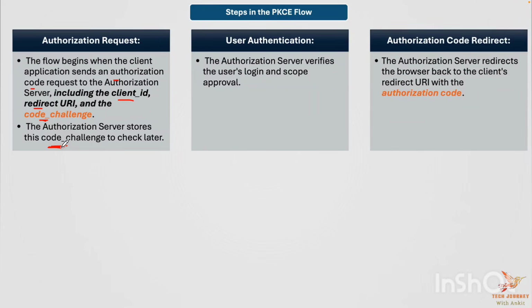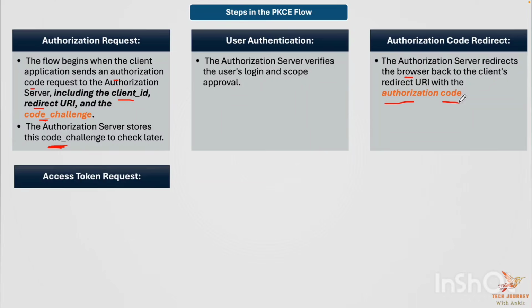Once the user has provided the consent, the authorization server redirects the browser back to the client redirect URI. Whatever redirect URI has been specified in the request, the authorization server will redirect the client back to it. And here the authorization server is giving one very important thing, that is the authorization code.